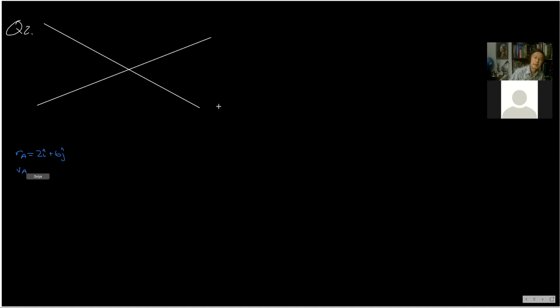So that is ship A, velocity, position A. A and B. Where are A and B? Can you illustrate that in the diagram? You have 2 points.